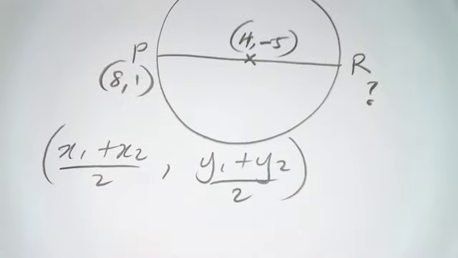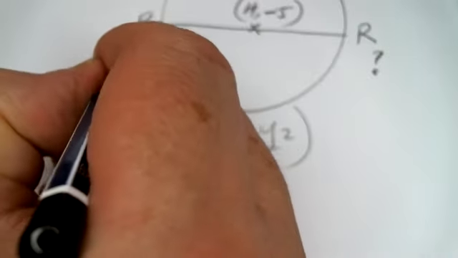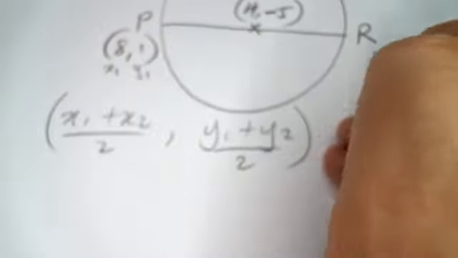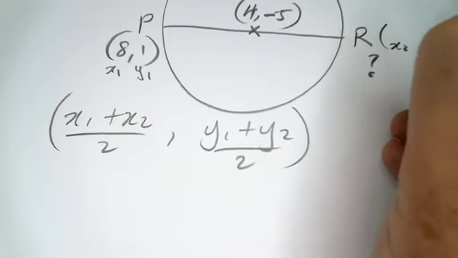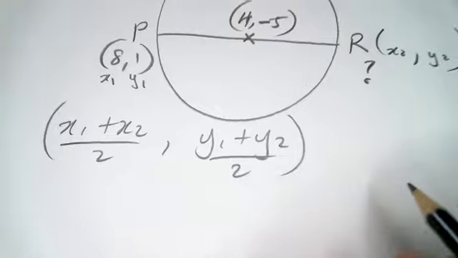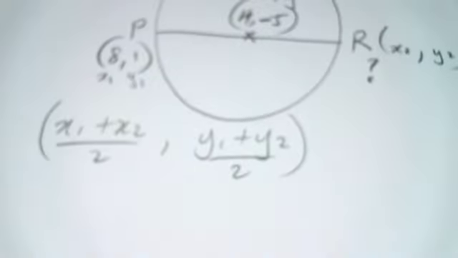We can just plonk in the things we do not know, and we can form a little expression out of this. I'm going to call this x1 and this y1. I'm going to call this one here x2, which we do not know, comma, y2, which we do not know. And we do know the midpoint. I'm going to call this midpoint x value and midpoint y value.